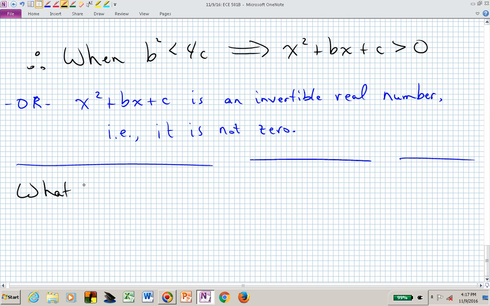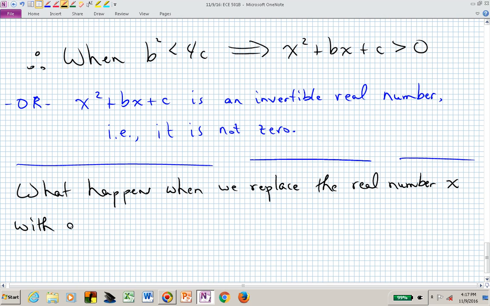What happens when we replace the real number x with a self-adjoint operator? Do you see how now we can build more general concepts by just starting with basic scalars?